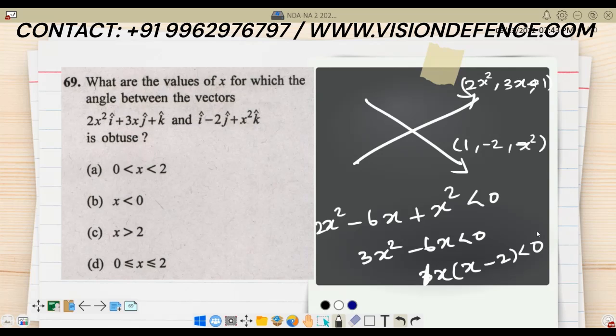No, sorry. x should be greater than 0, because if this is negative and this also becomes negative, we will get a positive value. That should not happen. So it should be greater than 0 so as to not make this negative, and less than 2 so as to make this negative. So it should be greater than 0 and less than 2. This is our answer.